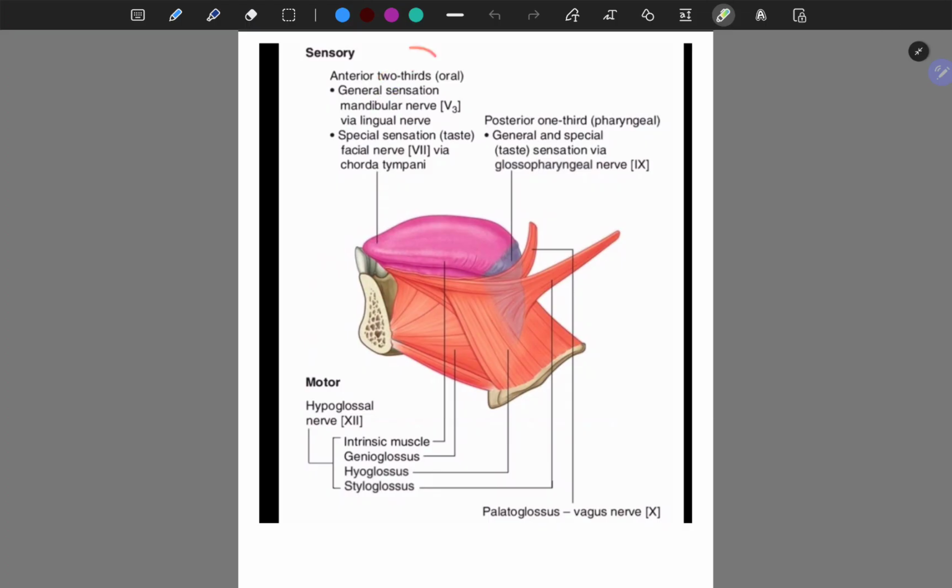So the anterior two-thirds taste sensation is by the chorda tympani, whereas in the posterior one-third both taste and general sensation are by the glossopharyngeal nerve fibers.